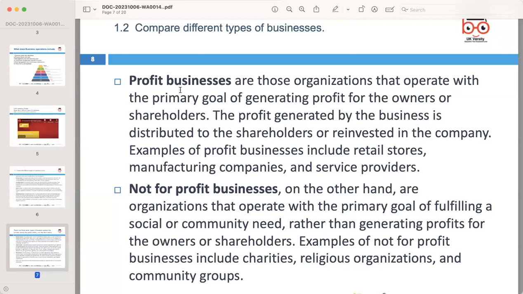So basically, these organizations are not for profit, and they operate independently of government control. They are typically established to address social, environmental, or humanitarian issues. Prominent examples include Amnesty International or the World Wildlife Fund.